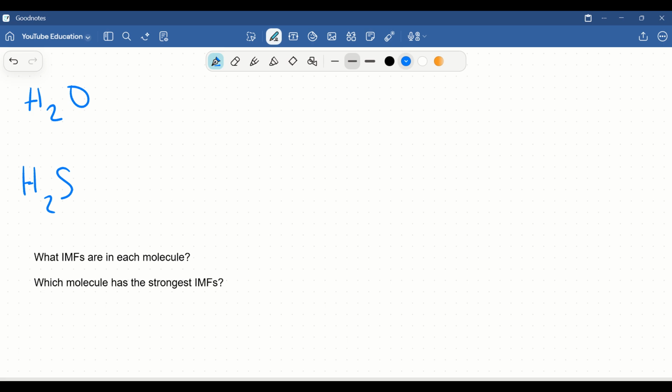If I draw water, it looks like this. If I draw H2S, it also looks like this. Again, draw lone pairs if you want. I just tend to not draw them, but you most definitely should. In fact, I am going to include them.